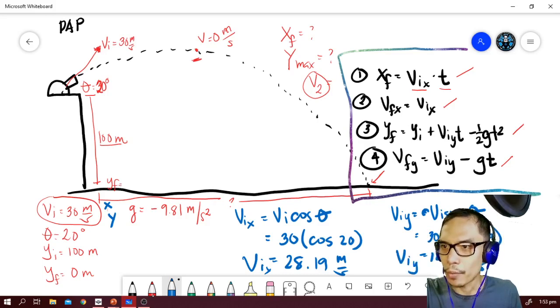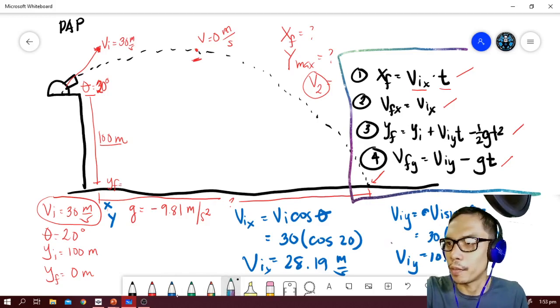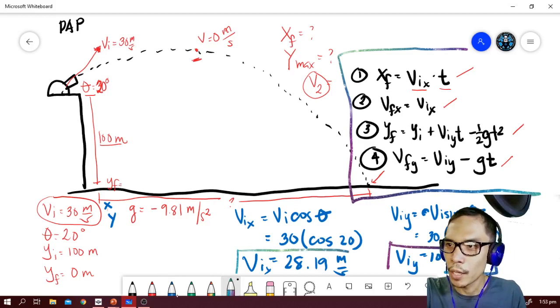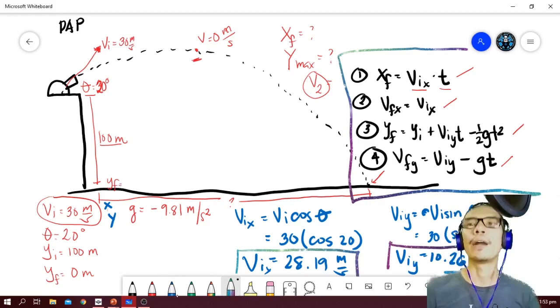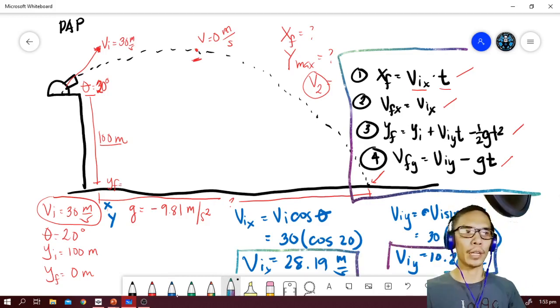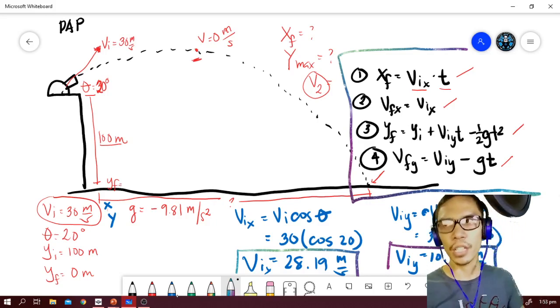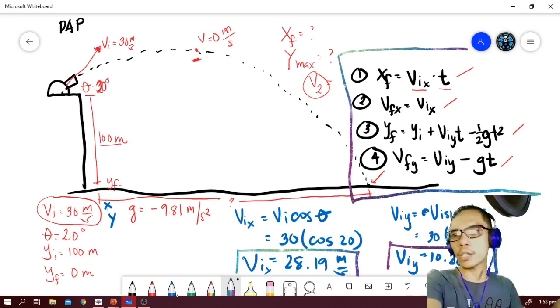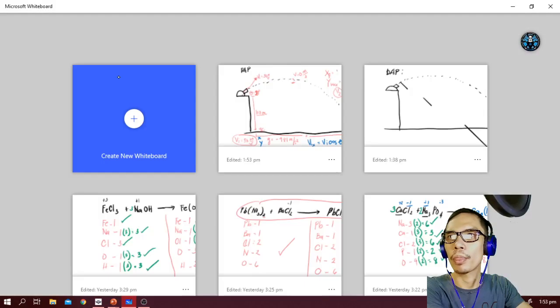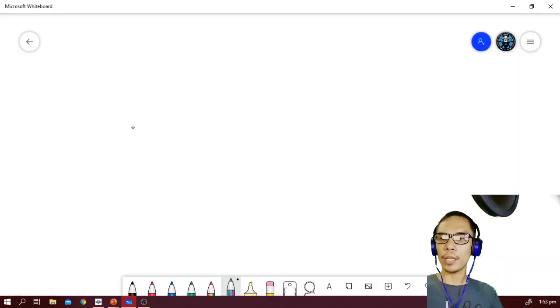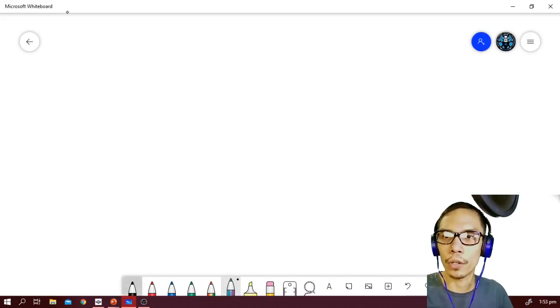So we have v sub iy, and let's put it inside the box because this is a very important number that we are going to use in calculating the range, the peak height, and the velocity after 2 seconds. Let's use another whiteboard for that. Now, let's start first in computing for the range. I will use the black marker here.